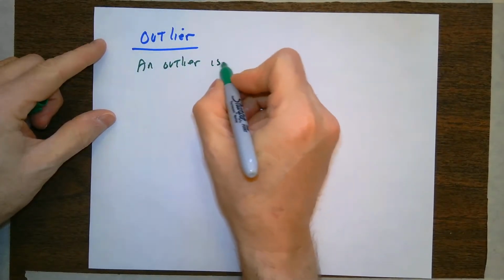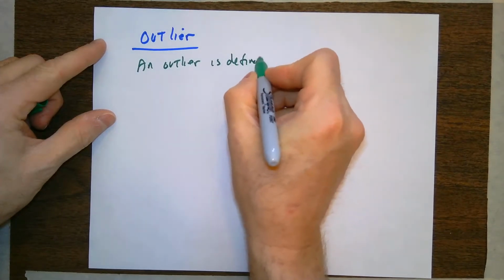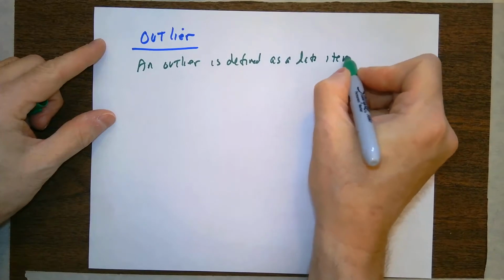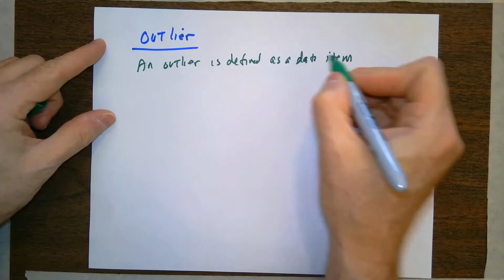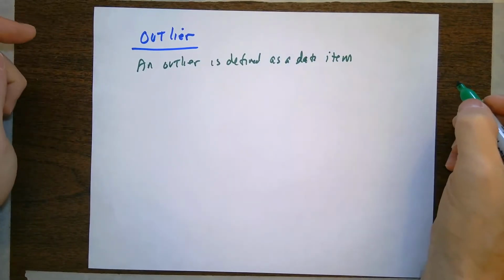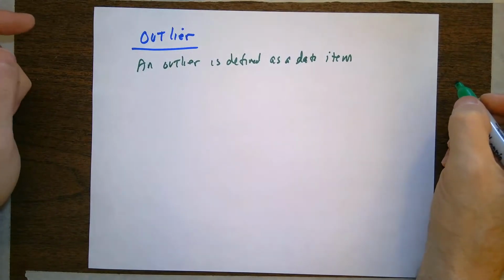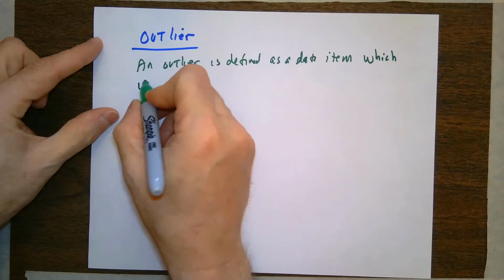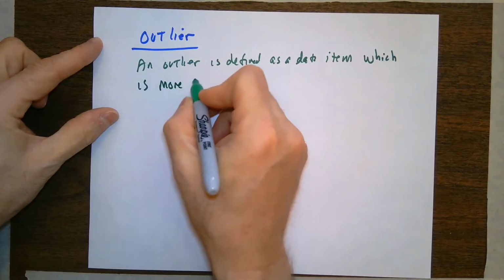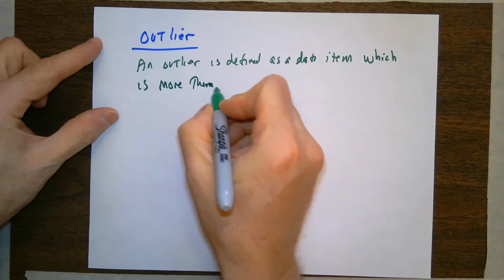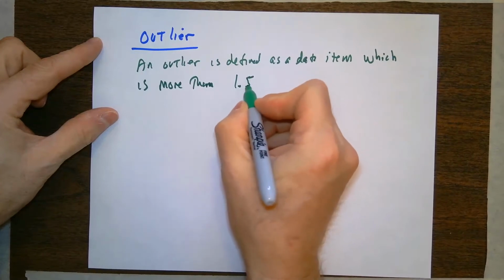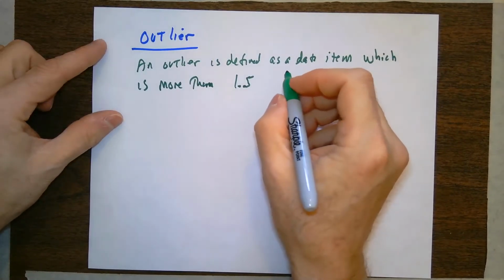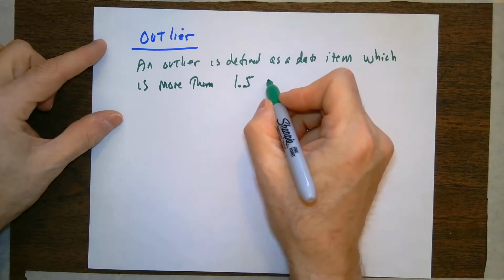An outlier is defined as a data item which is more than one and a half times the interquartile range.